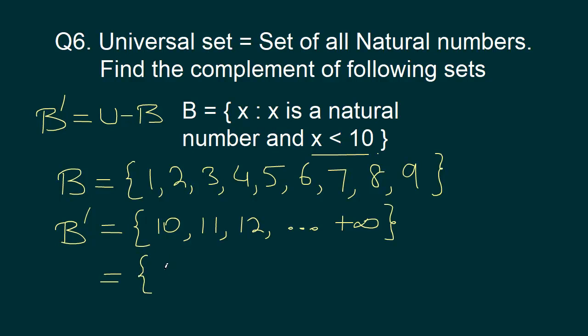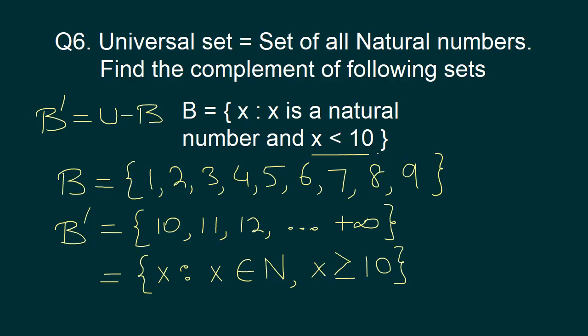We can write this as it contains element x, where x belongs to natural numbers and x is, we can say, greater than or equal to 10. So here x was less than 10, but in B complement x will be greater than or equal to 10.